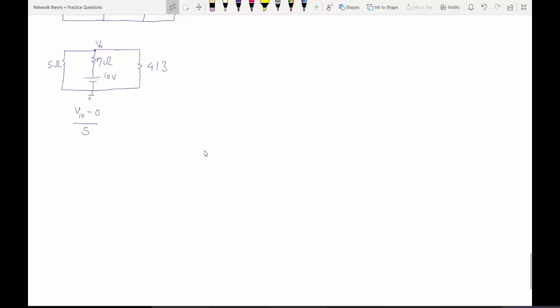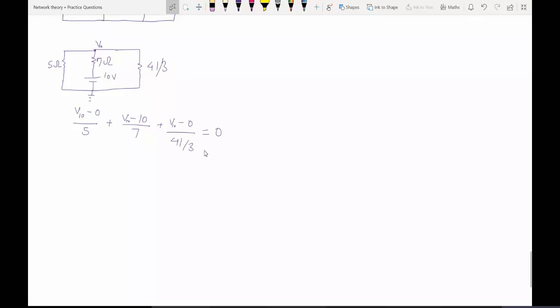Plus V minus 10 upon 7. Okay. Due to this branch. This 41 upon 3 plus V, V minus 0 upon 41 upon 3.